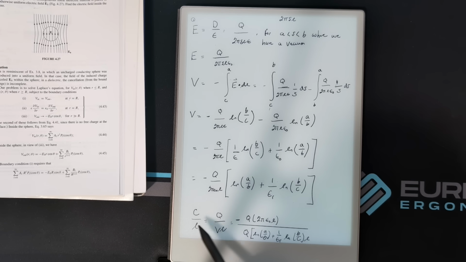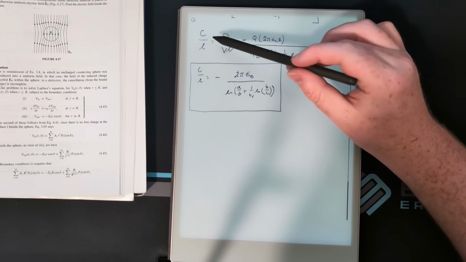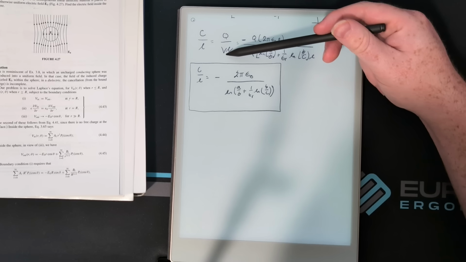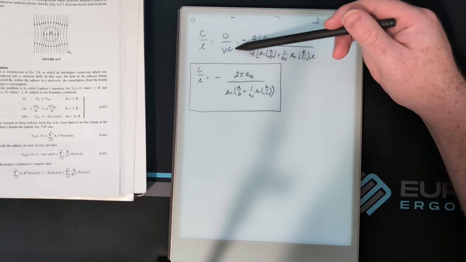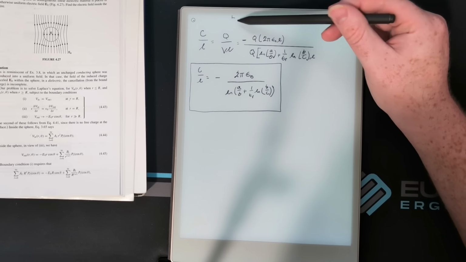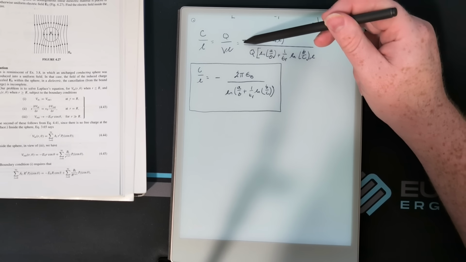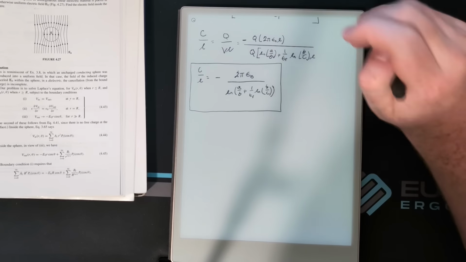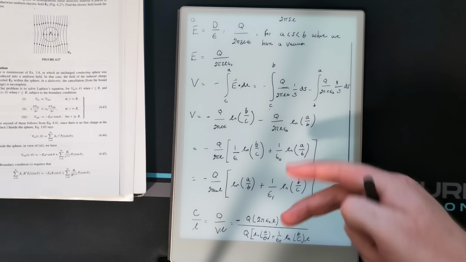Then to find the capacitance per unit length, that's just going to be C divided by L. So that's going to be Q over V, which is the capacitance, divided by L. We just plug in the potential that we just found. So we have a minus sign, we have a Q here, and when you plug in 1 over V, you have to flip all of this.